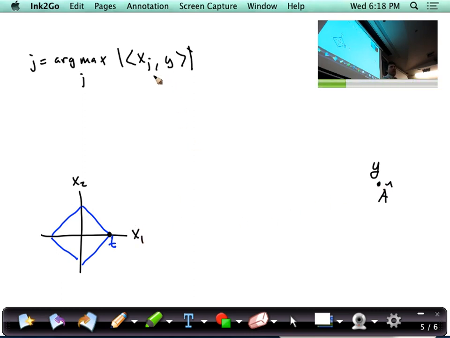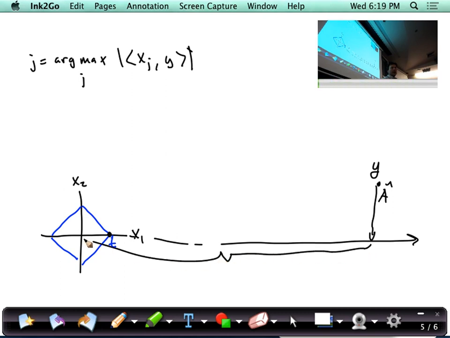Right, so if you remember this dot product, does everyone remember the geometric meaning of a dot product? If I have this vector x1, I'm projecting y onto it, and the length from the origin is the dot product of x1 and y, if this was a unit vector.